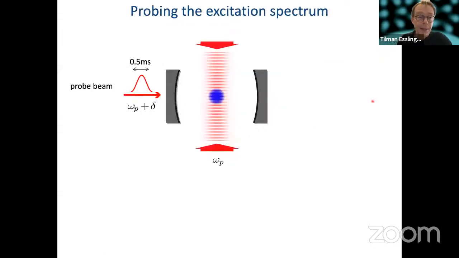Okay, and another thing that you can do is to probe the excitation spectrum. We've briefly outlined how you can calculate it in general. But the question is, what is actually happening? How can you measure the excitation spectrum of this phase transition?